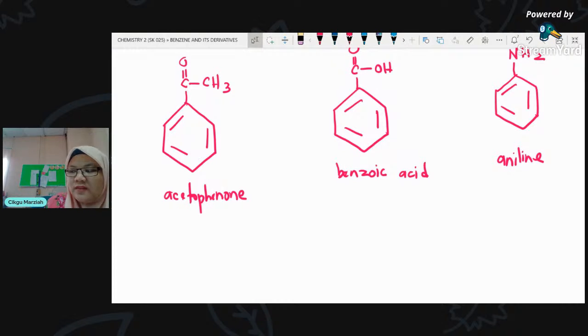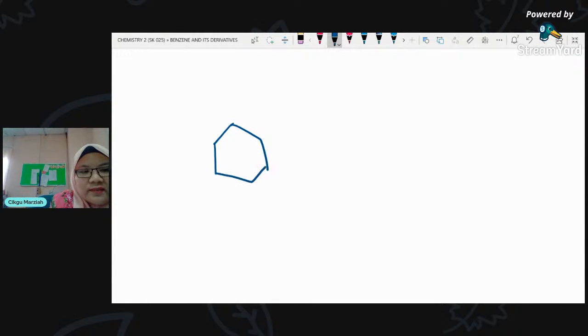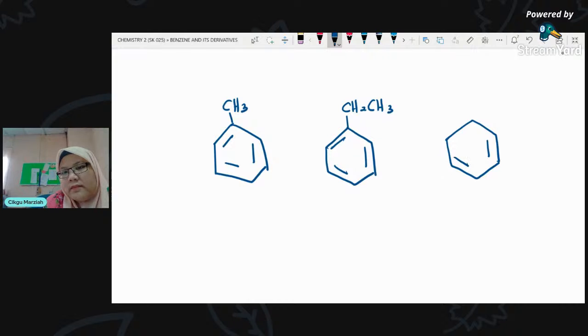Okay, now let's try to give an IUPAC name. Okay, katalah soalan bagi. Okay, I will draw the structure first. Okay, we draw the structure first, nanti kita bagi nama sama-sama.